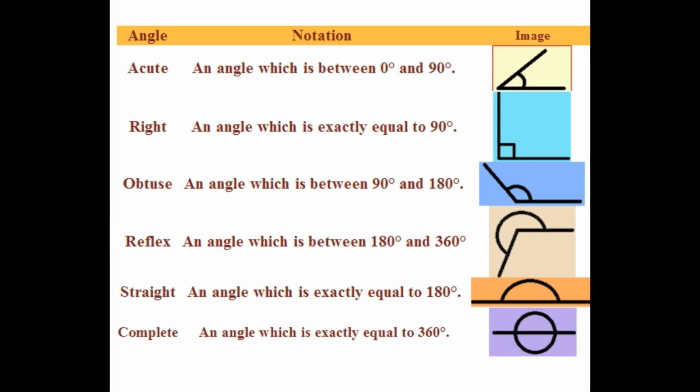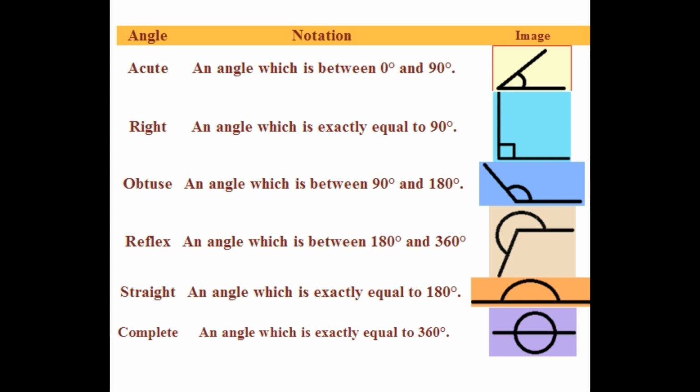An angle which is between 0 degree and 90 degree is called an acute angle. You see the first diagram, this is an acute angle, less than 90. The second one, right angle, is exactly equal to 90 degree. See the second diagram, exactly 90 degree. Then it is called a right angle.